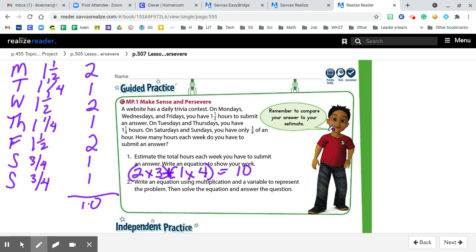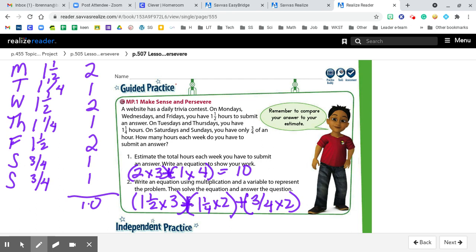Now, write an equation using multiplication and a variable to represent the problem, then solve the equation and answer the question. So I have 1.5 times 3 days a week. I have 1.25 times 2 days a week. And I have 3/4 times 2 days a week, and I'm adding all that together.